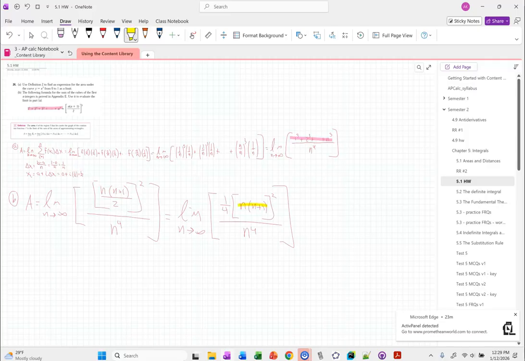And this piece is a what degree polynomial? Degree 4. And this polynomial is degree 4. If I have a degree 4 over degree 4 going to infinity, its limit is leading coefficient over leading coefficient. So I have a leading coefficient of 1 over a leading coefficient of 1, so I'm going to have 1/4 times 1, so just 1/4.